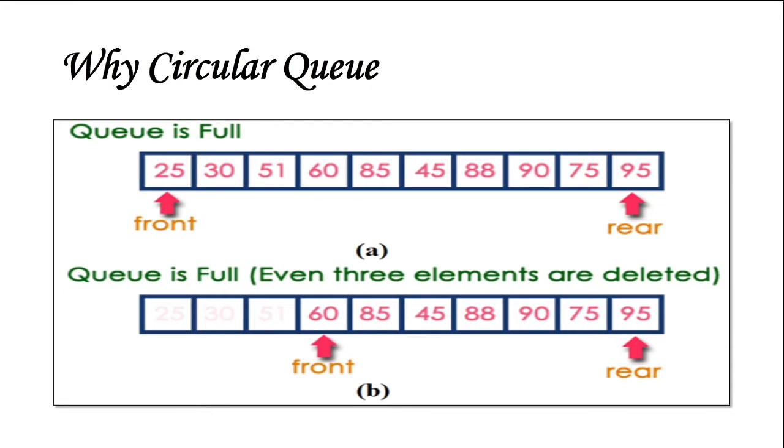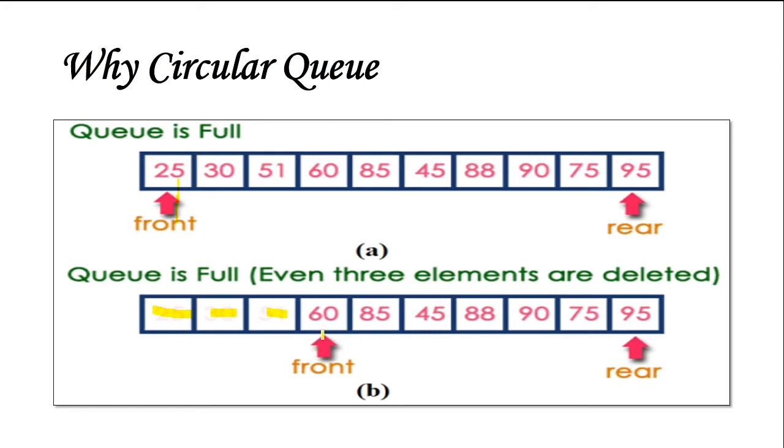Now what is the use of circular queue, or why do we need a circular queue? In the normal queue, if you consider this particular example, you have these many elements, front is pointing to this position and rear is pointing to this position. This is the queue full condition. When you delete the elements, these three elements get deleted.